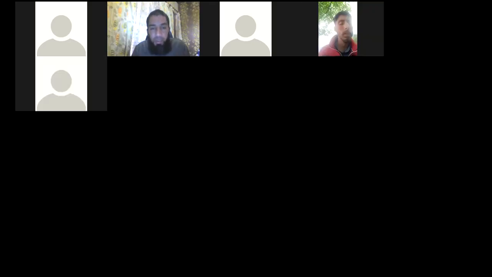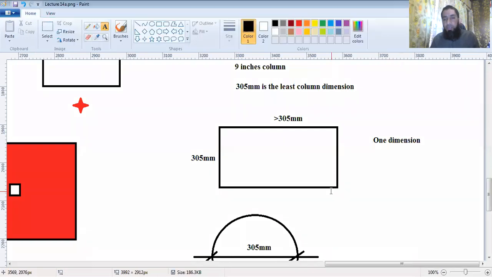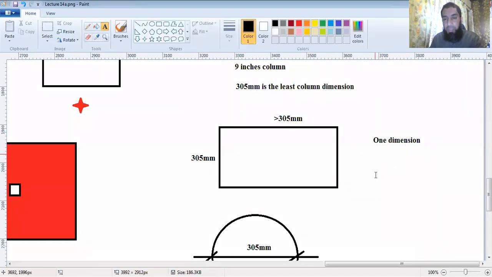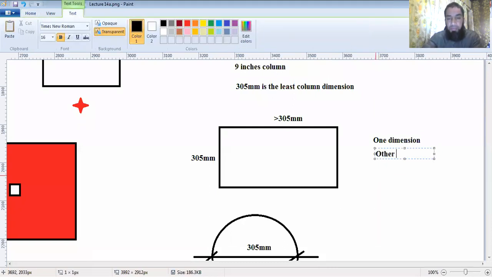So the column dimension, that one dimension is 305 mm. What should be the other dimension then? It should not increase 1.5 times the other dimension.